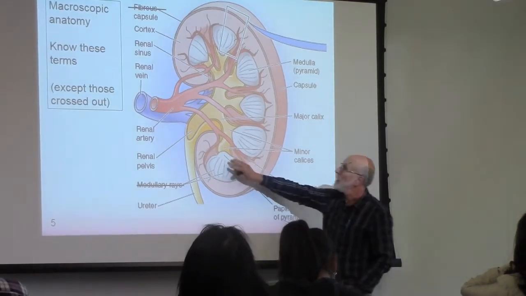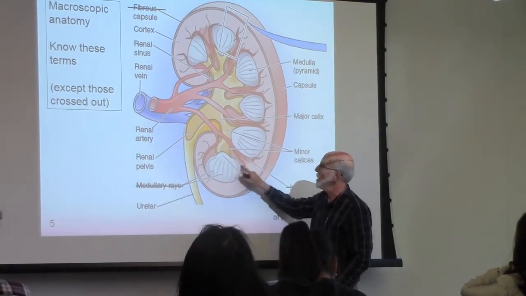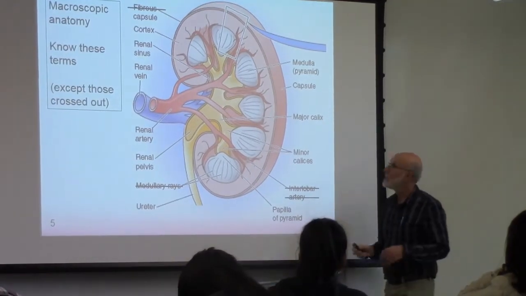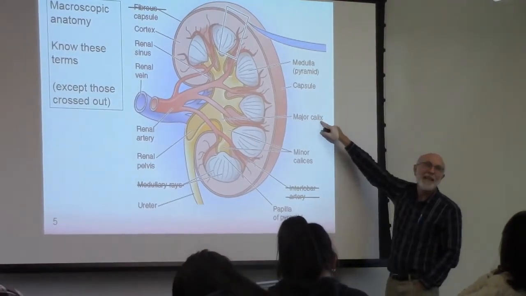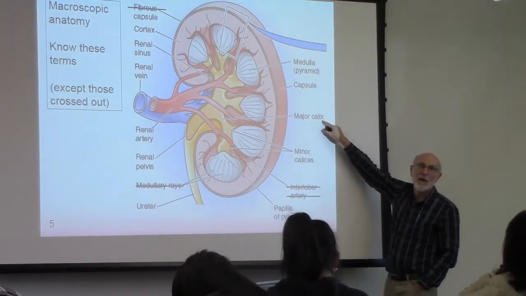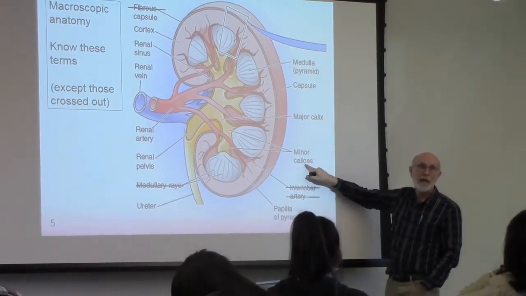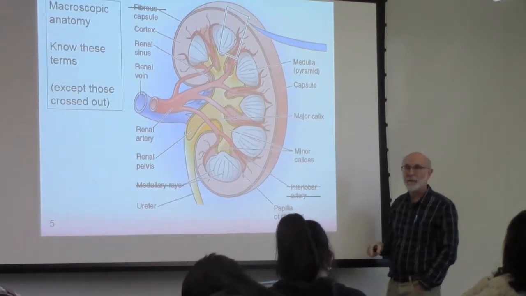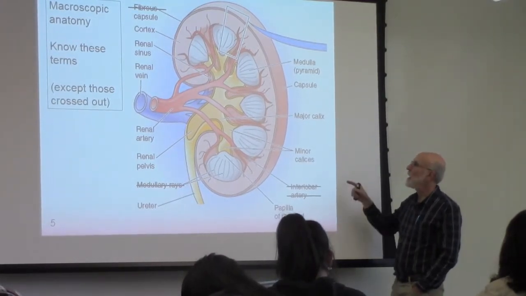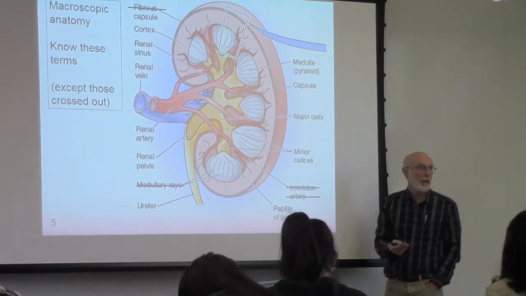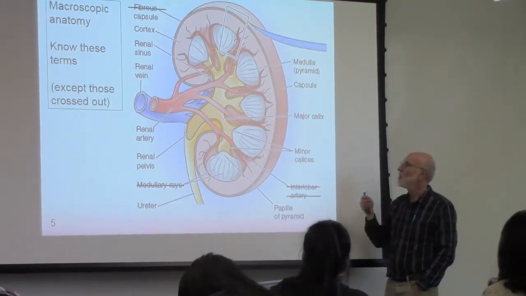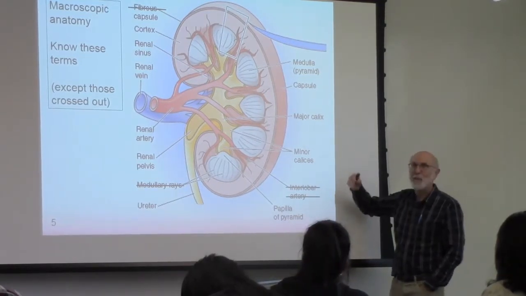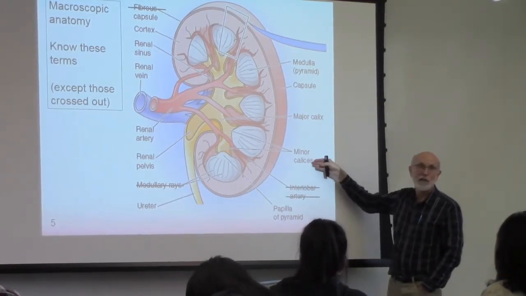The papilla is the junction between a pyramid and what are called minor calyces. So one calyx, this is Greek, one calyx, two calyces. This is not a Greek class, so if you don't use the plural right, I'm not sure, but just to be clear, one calyx, two calyces.